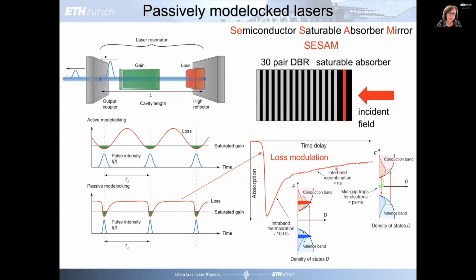And this recombination in a good semiconductor normally is in the nanoseconds. However, we need a faster saturable absorber, as I will show you then. And that basically means you can introduce so-called mid-gap traps in a very controlled fashion by low temperature growth to then reduce the recovery time.